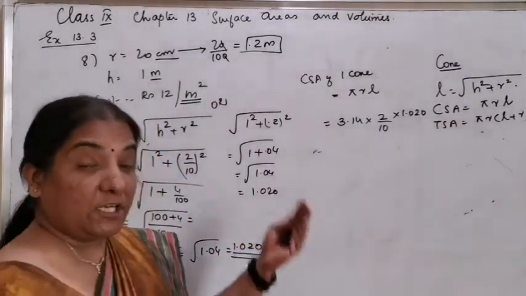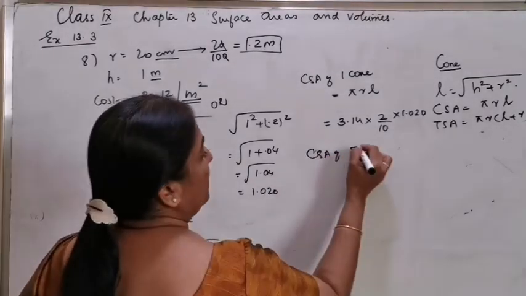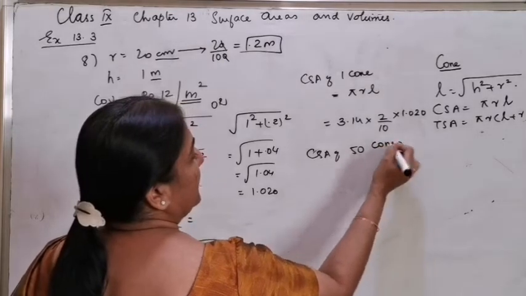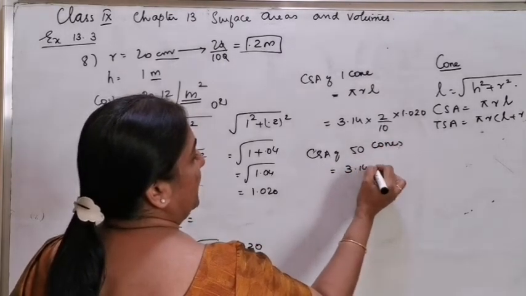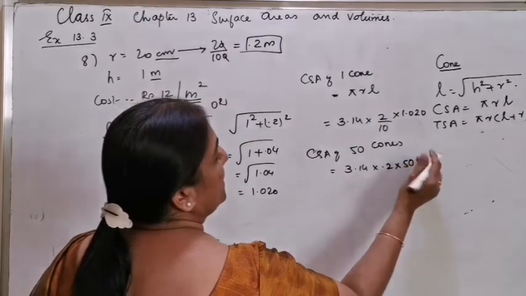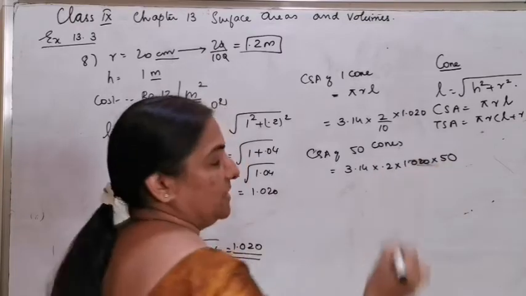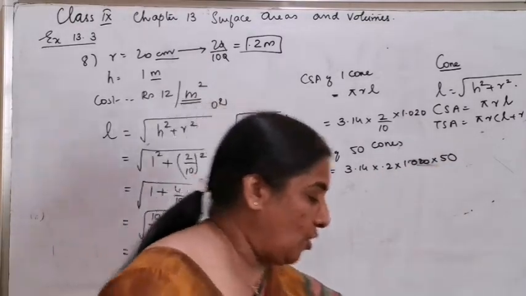Now, therefore the curved surface area of 50 cones is equal to 3.14 into 0.2 into 1.020 into 50. And now the cost.